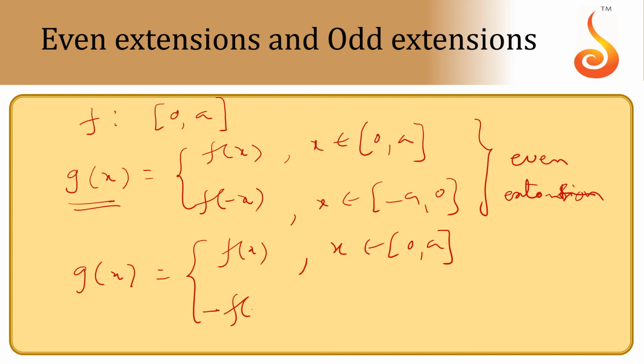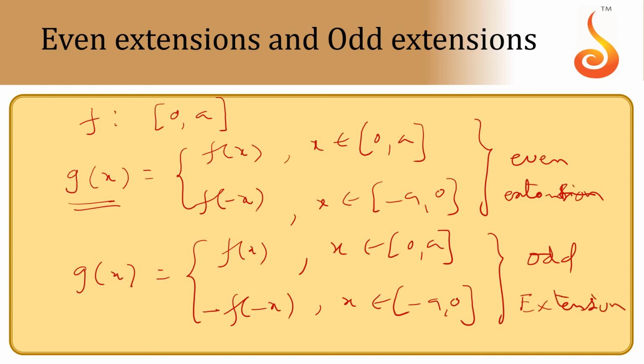Now if it is defined as minus f of minus x, if x belongs to minus a to 0, this is called odd extension. So if the function is defined on 0 to a, you cannot speak about even and odd functionality of f. So you can extend the domain so that you can create even and odd extensions of the given function.